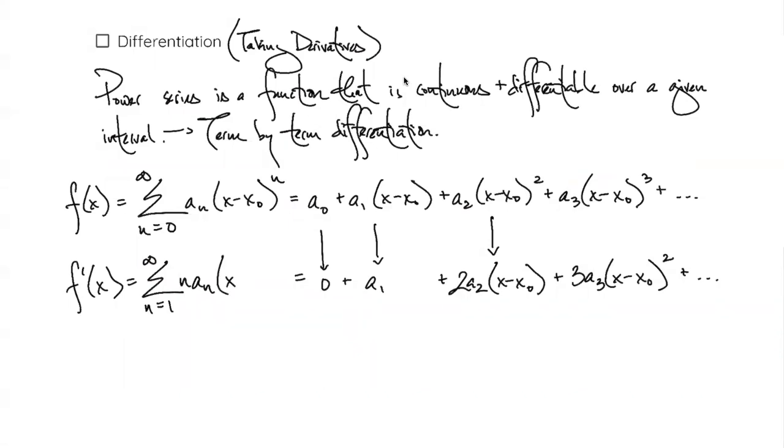But if we're using the power rule, my power for this x minus x naught is not going to be n anymore. It's going to be n minus 1. And that is how we find our first derivative using term by term differentiation, and then packing it back up into a notation that's a little bit shorter to write.